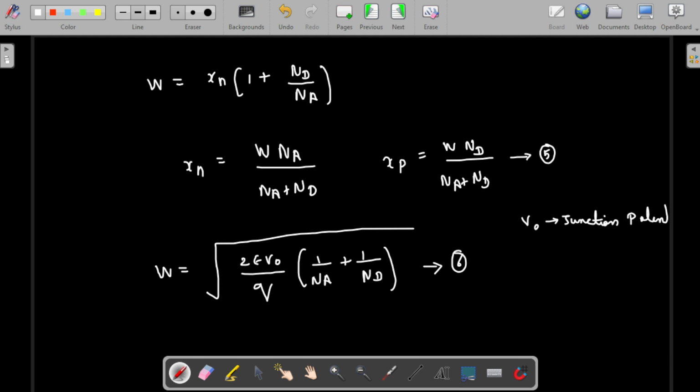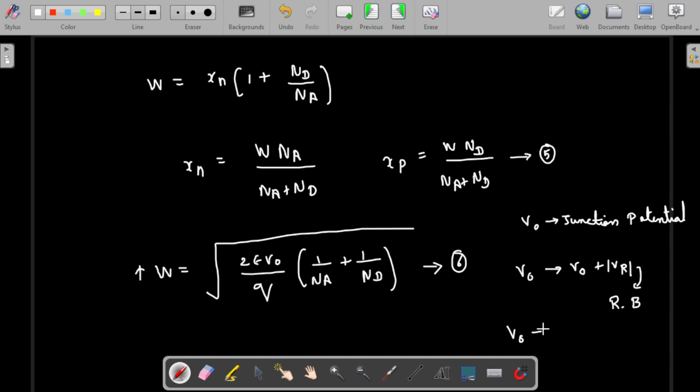This potential will vary based upon the input. Whether we call it V naught or Vj, that is not a problem. That will be the open potential, but V naught will be equal to V naught plus Vr if it is reverse biased. If reverse bias is applied, the extra voltage will be added, so the depletion width will increase.